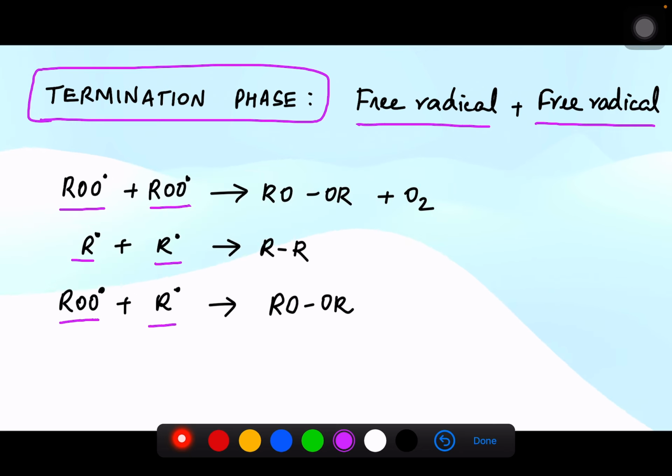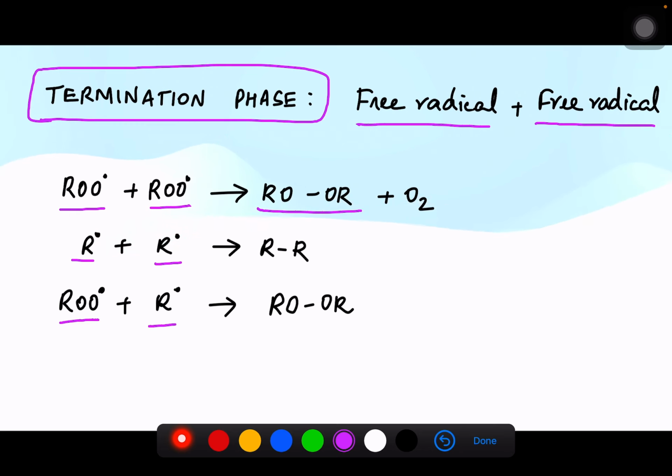When the two free radicals combine or come into contact, only then can they satisfy themselves, because both of them have an unpaired electron in the outer orbital. So when they combine with each other, the outer orbitals become paired and satisfied. So that is the termination phase.